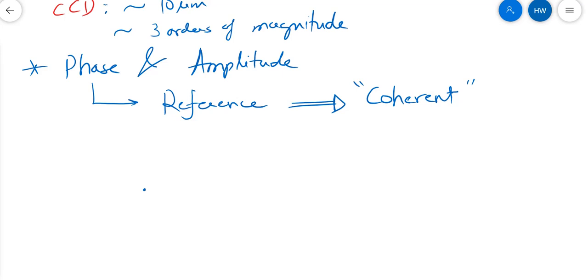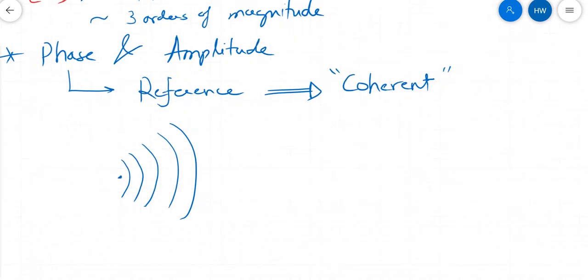Imagine I have a point source, right? The point source is basically emitting spherical wavefronts that propagate, and this spherical wavefront now falls on a recording screen. And at the same time, what you have is a reference beam.